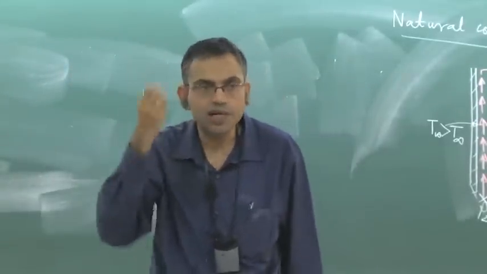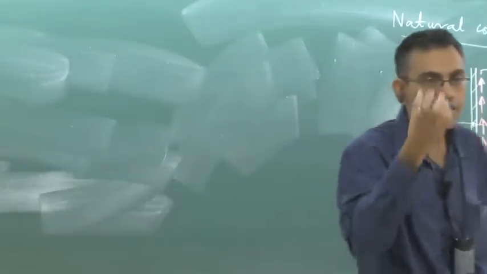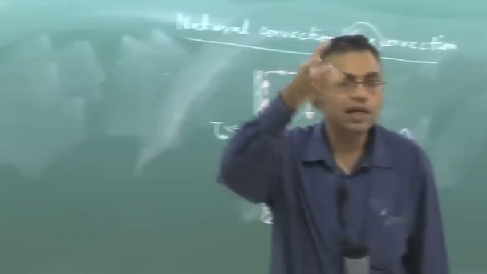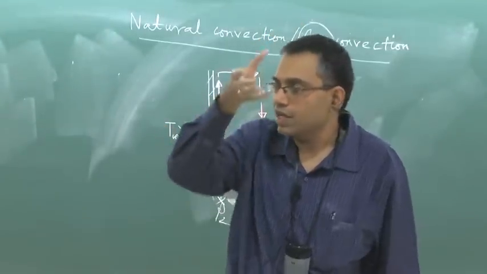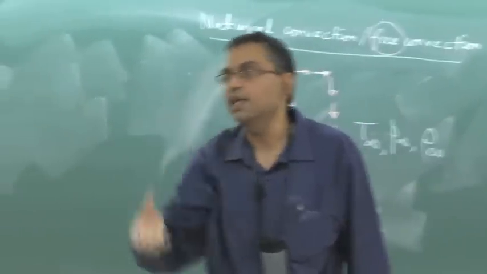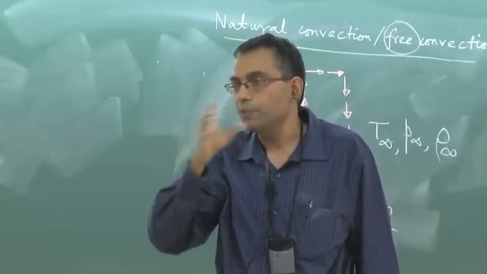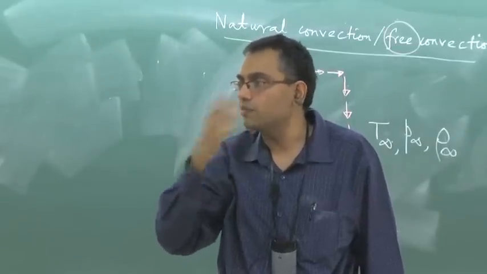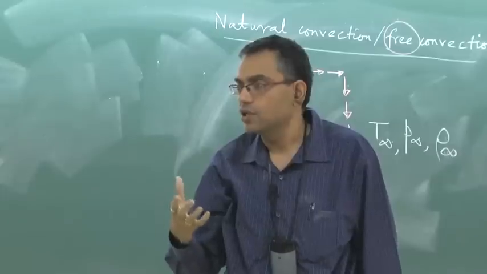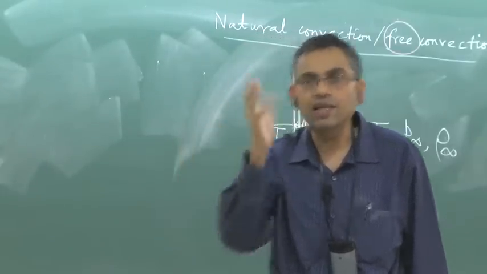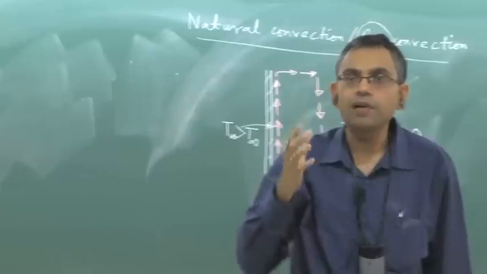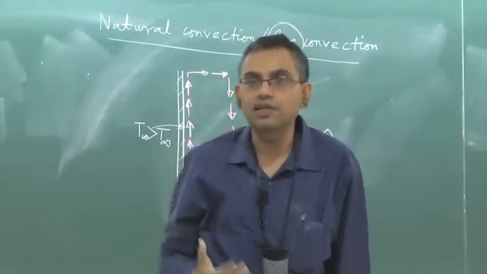So when the salt water system is freezing, then there is a concentration gradient being created all the time as the salt water system is freezing, and as the concentration gradient is created there is a density gradient created, because depending on the salt concentration the density of the mixture would change. So it is possible that there is a density gradient created not just because of temperature gradient, but maybe because of a solutal concentration gradient.